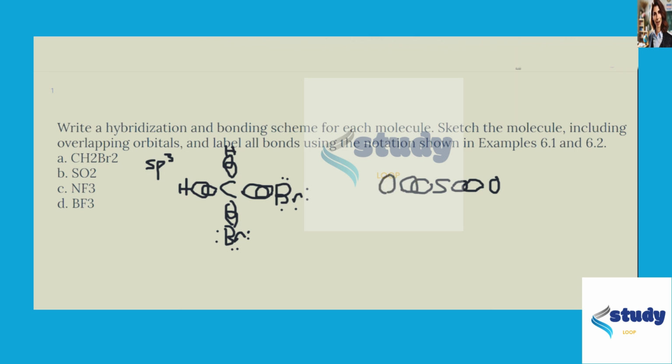But because it can expand its octet, and this leaves both of our oxygens with only 1 bond where they need to form 2, we're going to also form 2 pi bonds here. I'm going to draw that like this. And then here. And here.